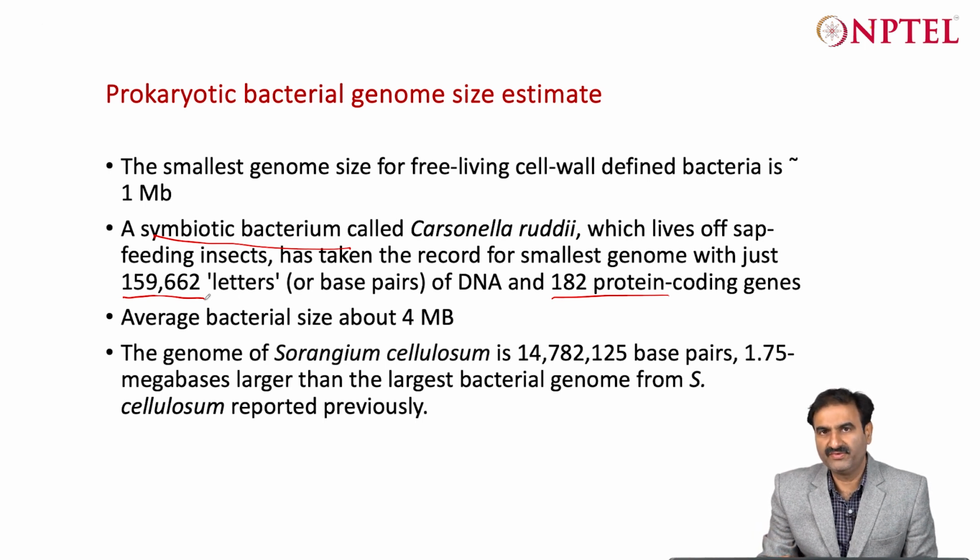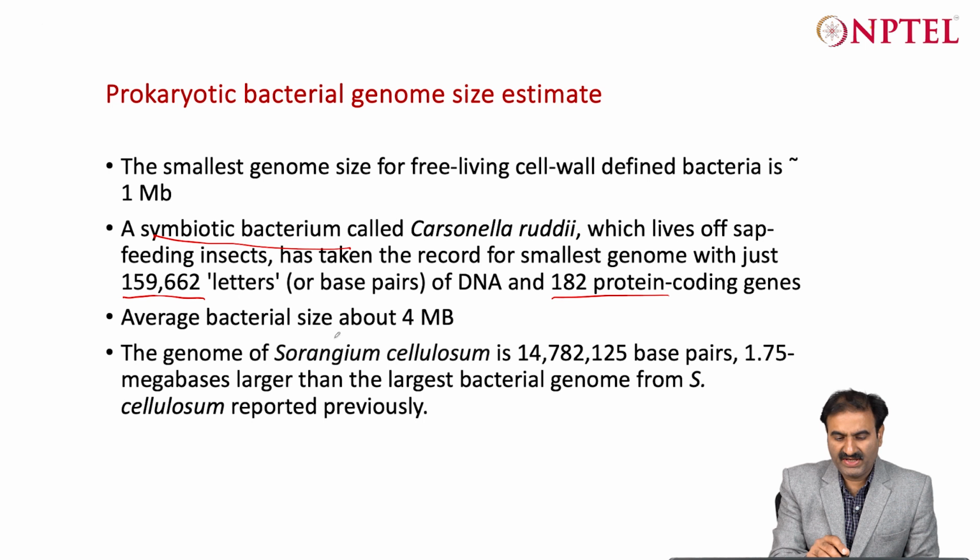Only 182 genes were found sufficient if you think of the idea of a minimal genome. But still you can imagine that it might be using a lot of host proteins, amino acids and other machinery for its survival, right.